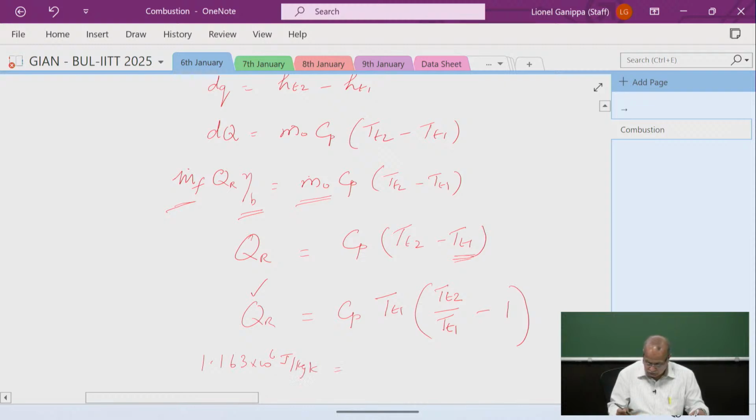What's the Cp value? Cp equal to gamma R by gamma minus 1. I don't know, so 1004 or 1005, what value are you getting? So Cp minus Cv equal to R, and then Cp by Cv equal to gamma.